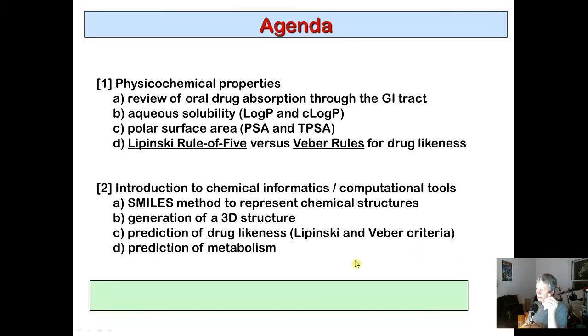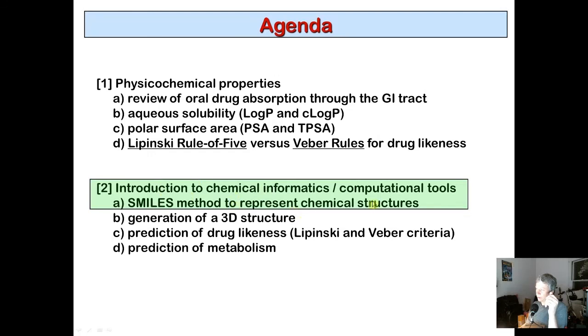Okay. So next on the agenda, we're getting into the chemical informatics section and the computational tools. I got to stop tonight. It's actually 9 p.m. right now, and I'm finally finishing this lecture just because I had a lot of stuff going on today. So I'm going to continue this next time. I'm also going to expand this and add a couple more little computer tools. We are getting into some of the fun stuff.